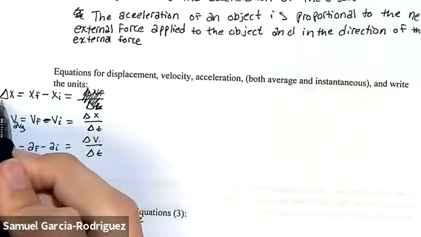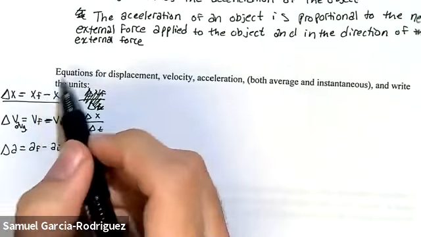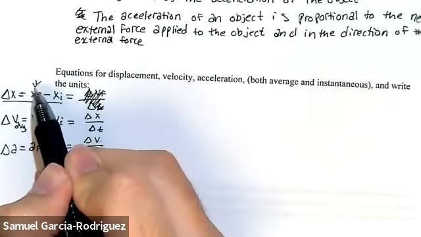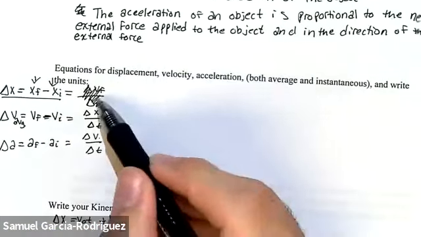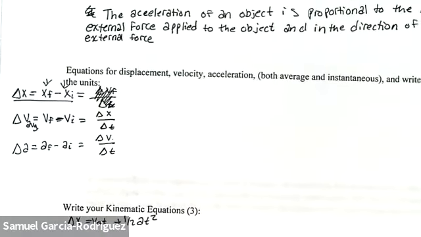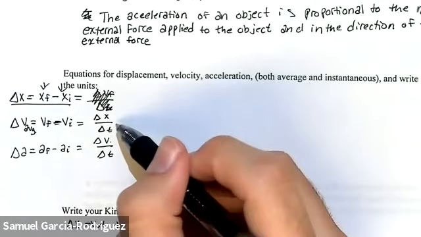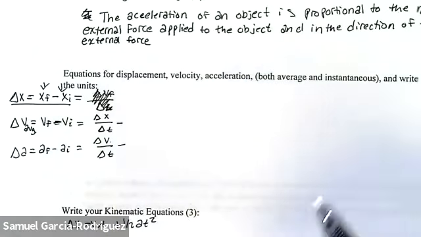This is all you can put for displacement, because really all displacement is one position, your final position minus your initial position. That's all displacement is. There isn't really another average, and there's not really an instantaneous displacement. But there is an instantaneous velocity, and there is an instantaneous acceleration.